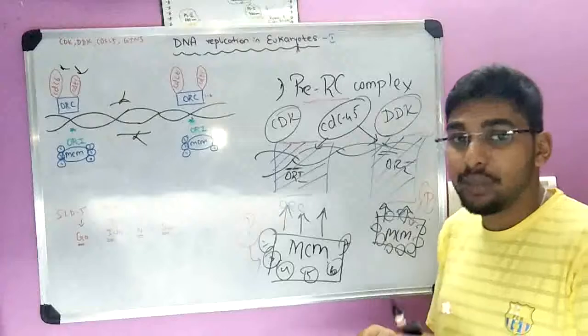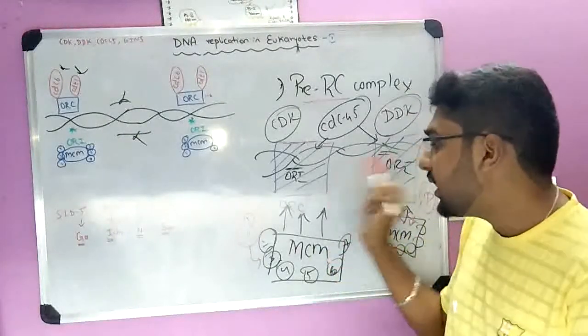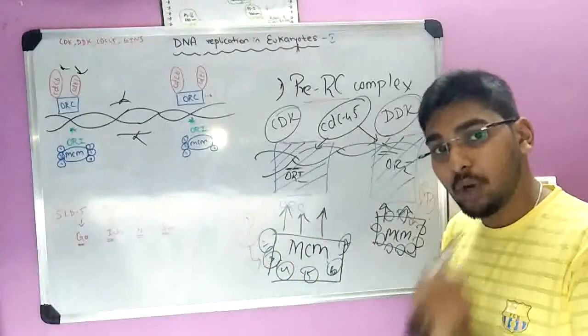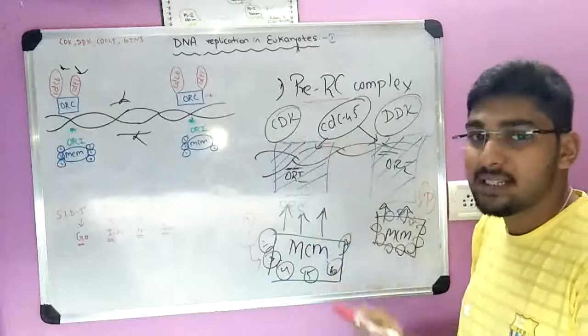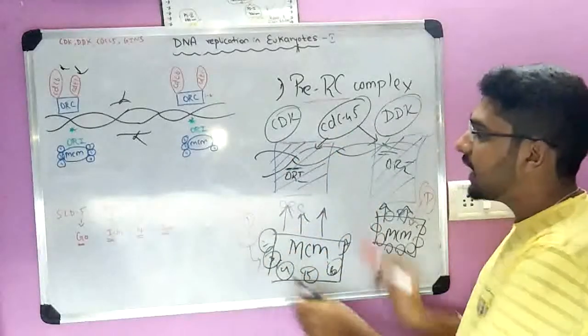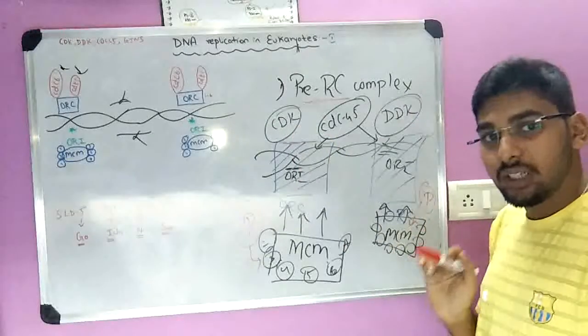This complex has to be activated or triggered. That is done by phosphorylation. Only if phosphorylation occurs will the replication start. That phosphorylation is done by these two kinases, CDK and DDK. So did you get this?